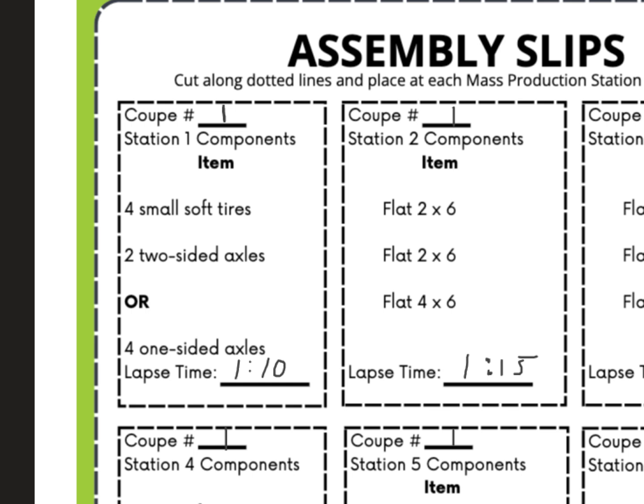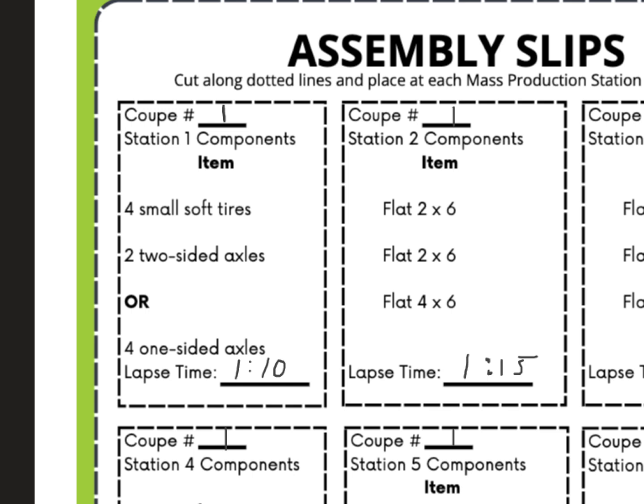And then after you're done building your first part of the coupe, which are the wheels, you would send that part of the car down to the next station, where at station 2, they will complete the next part of the car. Then it gets passed down to the next station, and so on and so forth.